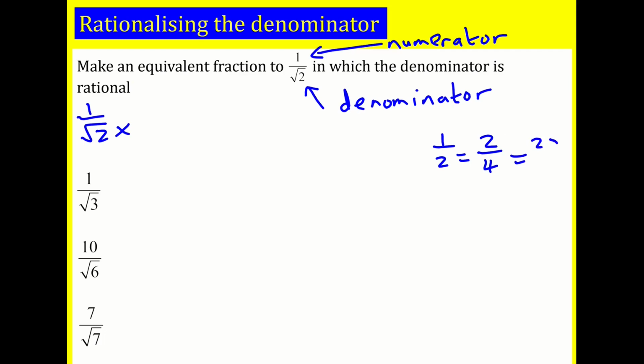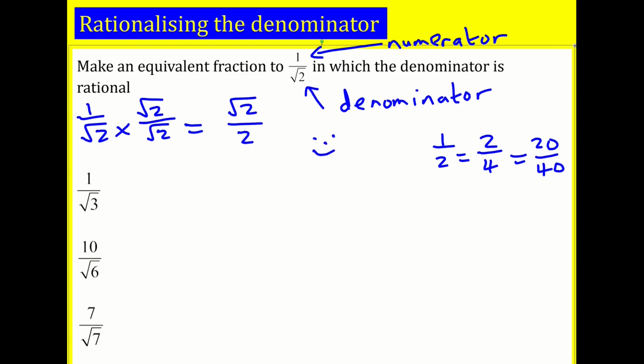We could times through by 10, for example. Now, how can we get rid of that root 2? Well, what we can actually do is we can times it by root 2 over root 2. Because it then becomes root 2 on top, because it's 1 times root 2, and 2 on the bottom. So I've successfully rationalized the denominator.